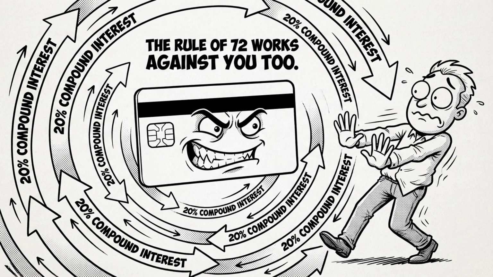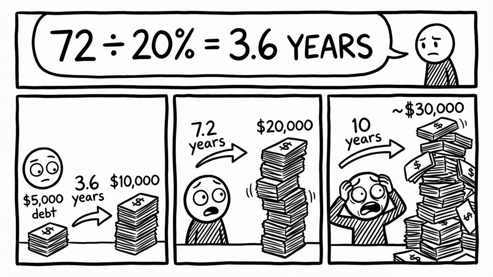So if you carry a $5,000 credit card balance for 10 years without paying it off, that balance doesn't stay $5,000. It doubles to $10,000, then doubles again toward $20,000. At 20% interest, in 10 years, $5,000 of debt becomes approximately $30,000 owed. Same math, opposite direction, same devastation.